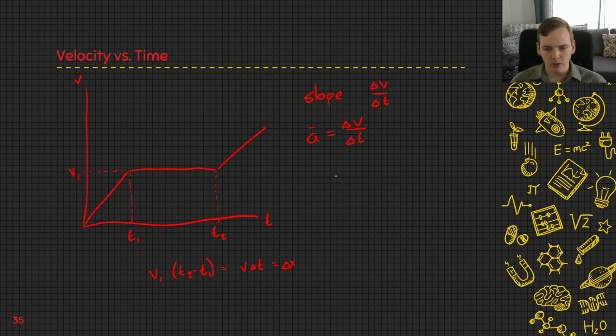So in other words, the slope tells the average acceleration, and the area under the curve tells the change in position, the displacement. This also works with negatives. You just have to realize that would be a negative area.